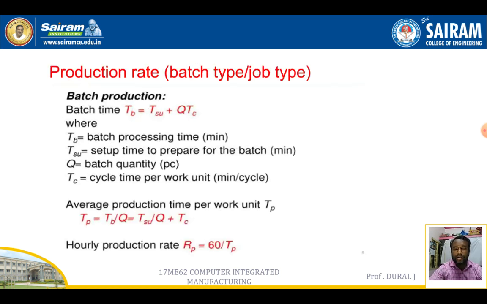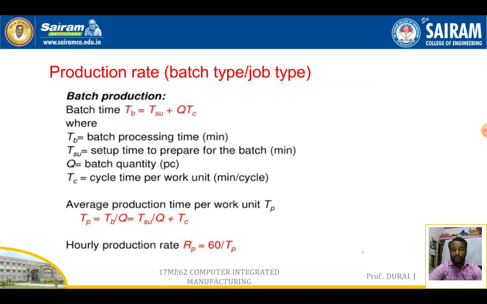Then comes the next one, production rate. We can calculate it with the help of these formulas. First we find the batch time. Batch time TB is equal to TSU plus Q TC, where TSU is the setup time, Q is the batch quantity, and TC is the cycle time.